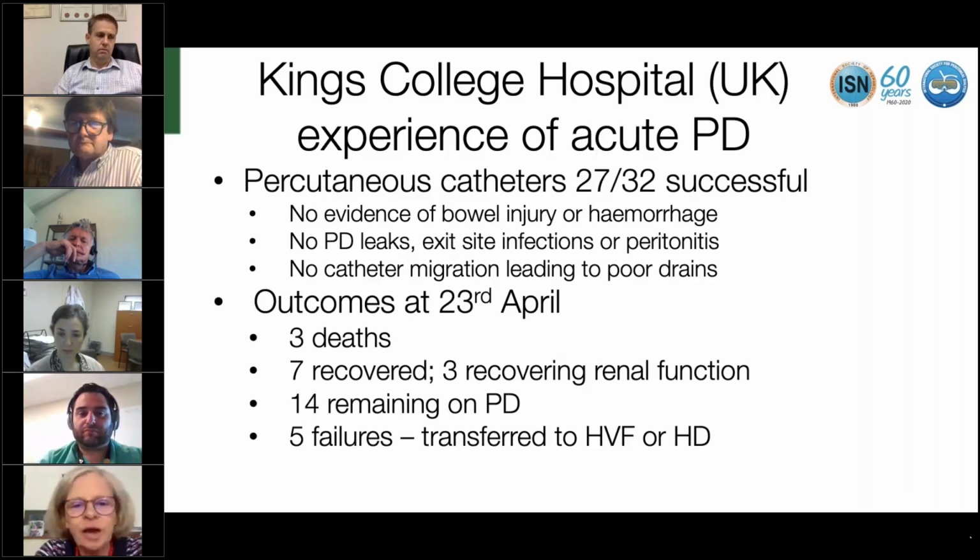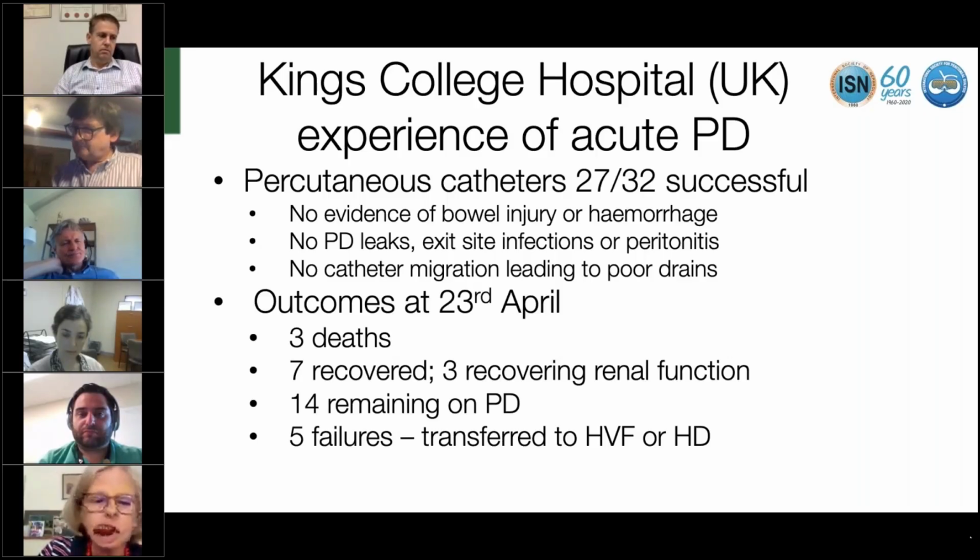They had had no bowel injury, no leaks or exit site infections or peritonitis or catheter migration. As of the date of the last seminar, there had been 3 deaths, 7 people had recovered, 3 had recovering renal function, 14 remained on PD, and there were 5 failures who had to transfer to filtration or hemodialysis.